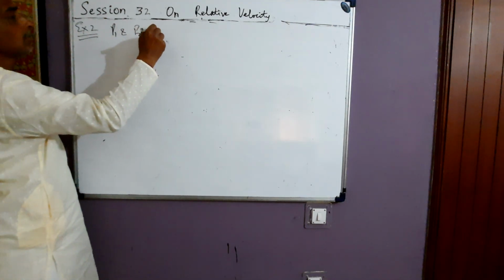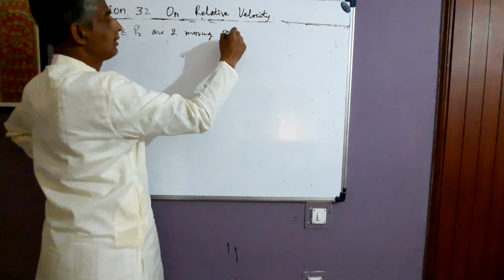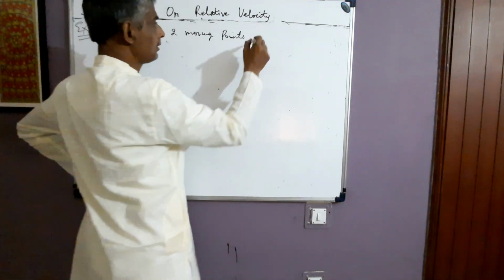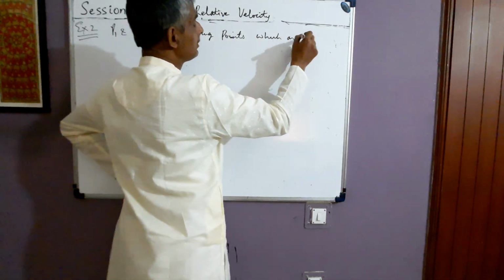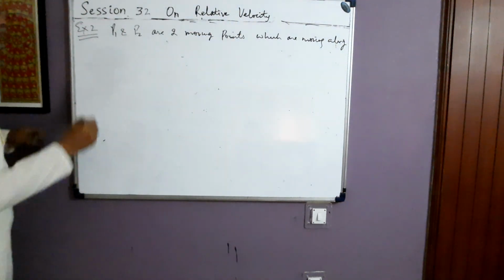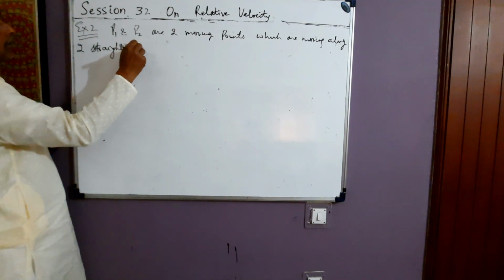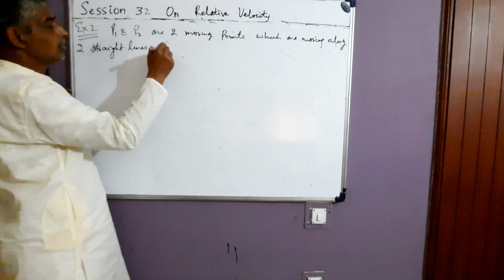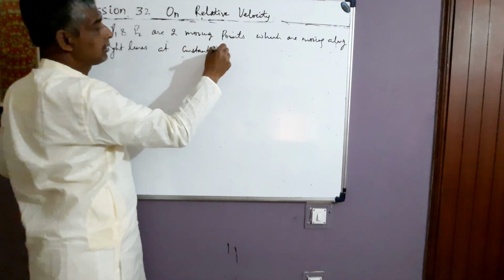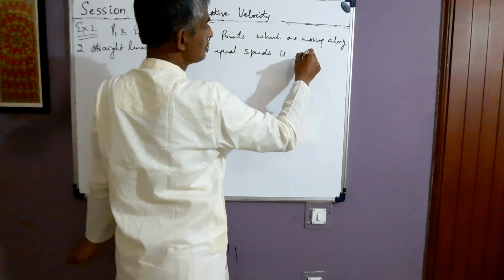P1 and P2 are two moving points which are moving along two straight lines at constant equal speeds u each.